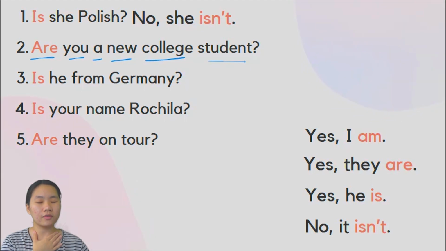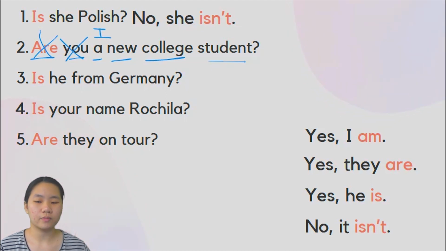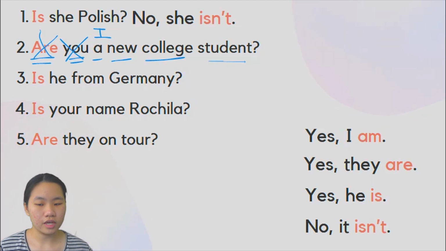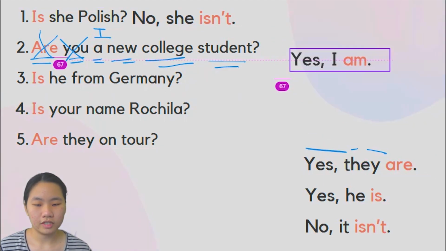You refer to yourself as I am, okay? So we are not looking for are. We're also not looking for you. We're looking for I in response to this. Are you a new college student? Yes, I am, right? This is our answer. Okay, I'll move it here.